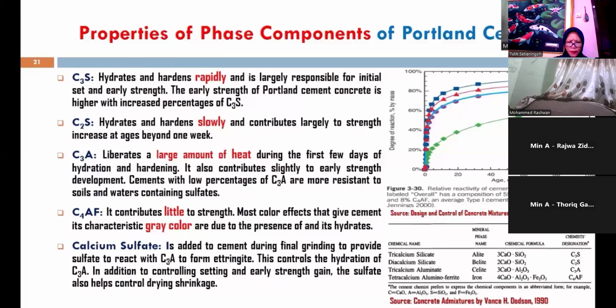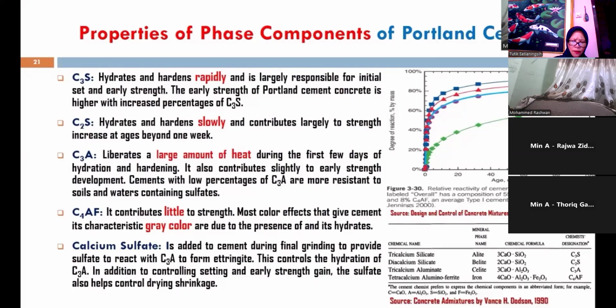The third phase is C3A. This phase liberates a large amount of heat, so it must be kept low in the cement, because a large amount of heat may damage mass concrete. The last one, C4AF, is responsible for the color of cement.